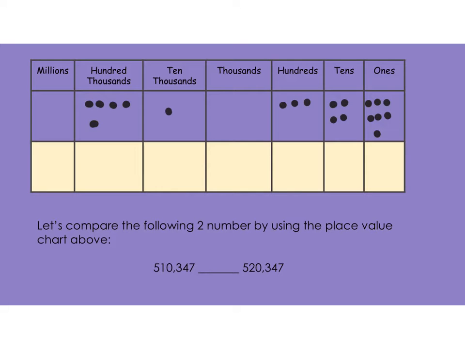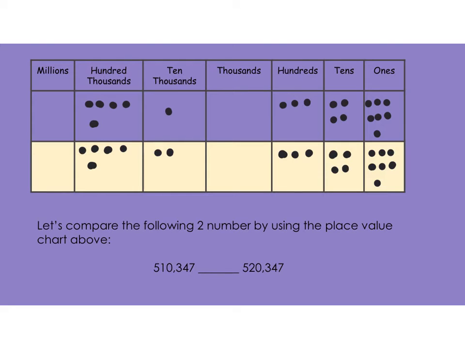Okay, so in the top part of my place value chart, I put 500,000, one 10,000, no thousands, 3 hundreds, 4 tens, and 7 ones. And in the bottom section, I put 500,000, 2 10,000s, 0 thousands, 3 hundreds, 4 tens, 7 ones. So when I am comparing, I'm going to start with my greater value.